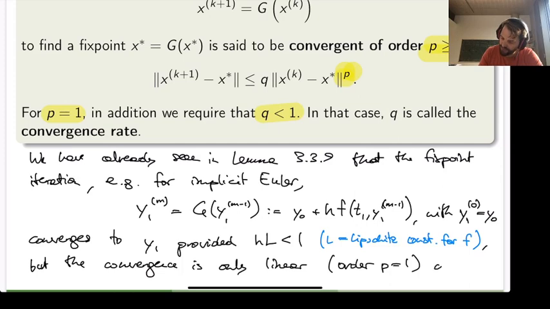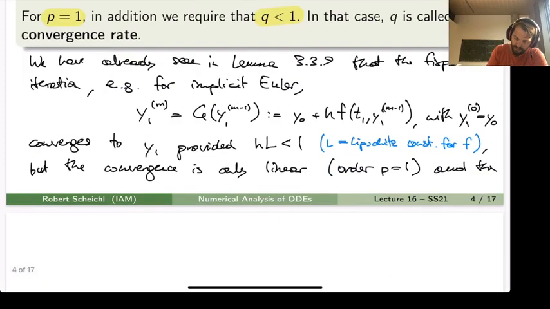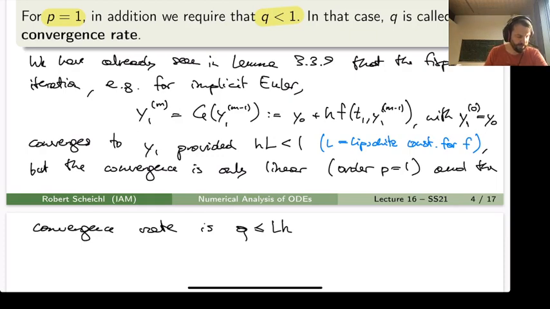And the convergence rate, remember, for p equals 1, we need a rate, is less than or equal to Lh. So if we know nothing better, this may be close to 1 when the step size is large, or when the Lipschitz constant is large in particular.